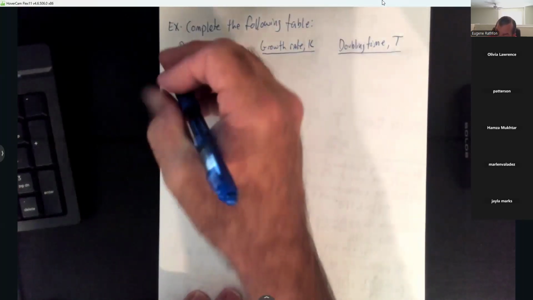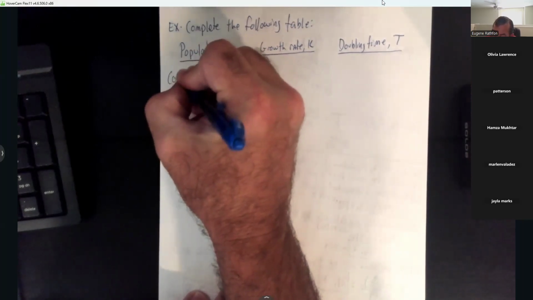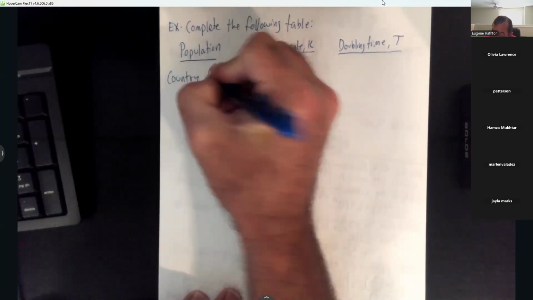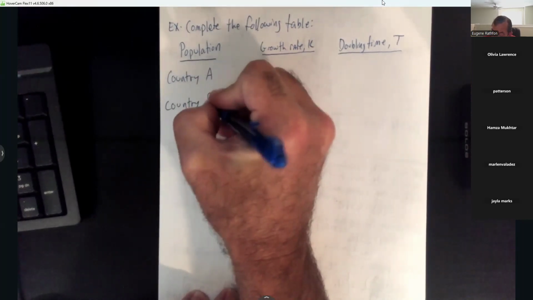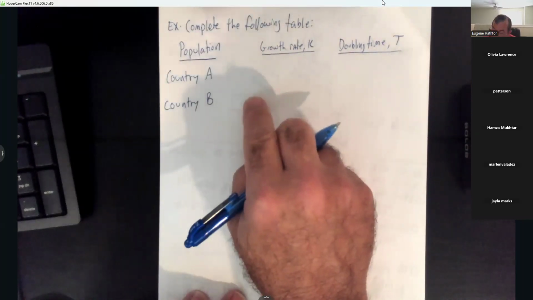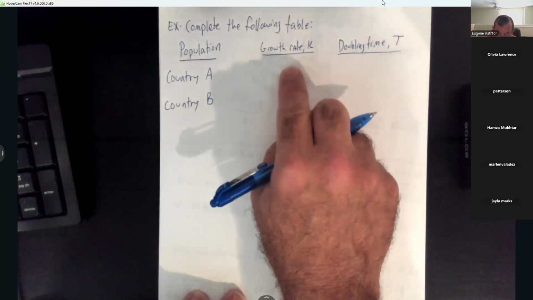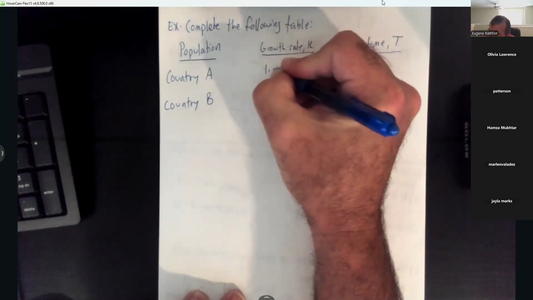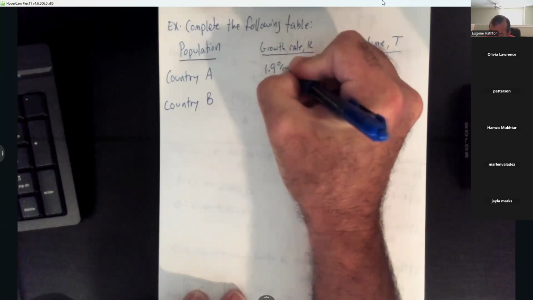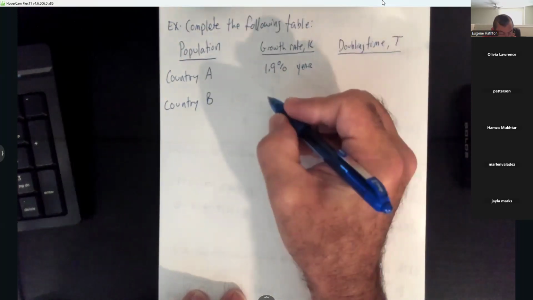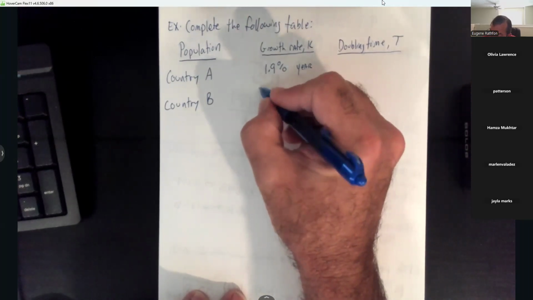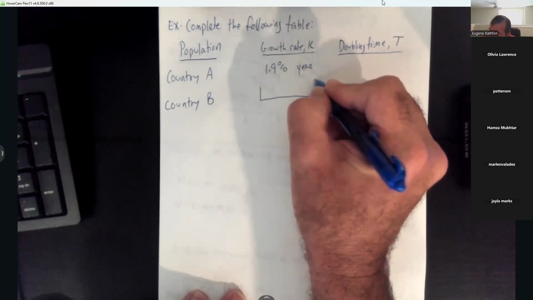So we're going to look at the population of country A and country B. All right, so for country A, they told me the growth rate was 1.9% a year, but they didn't give me country B's growth rate.